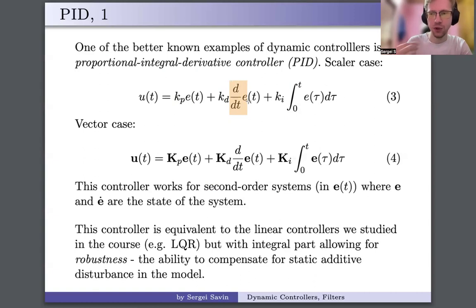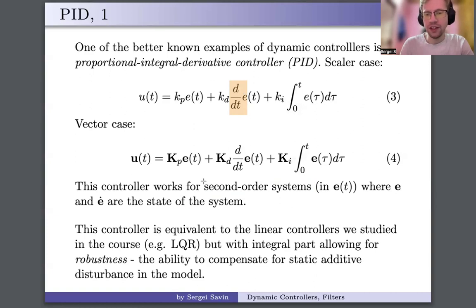So if your plant is a first order system, your controller cannot have any derivatives. If your plant is a second order system, let's say like a spring mass damper described as E double dot plus mu E dot plus K E equal to 0, well, your controller can have an E dot because E double dot already is in the description of the plant. Right?